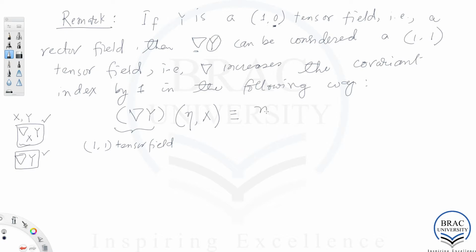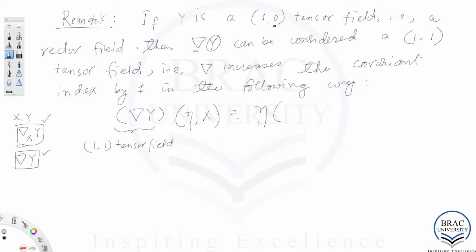So eta is a one form, and nabla y is a tensor field acting on a one form and a vector field. If we were talking about tensors, we would have got a number, but now we are talking about tensor fields, so we'll get a smooth scalar function on the manifold.